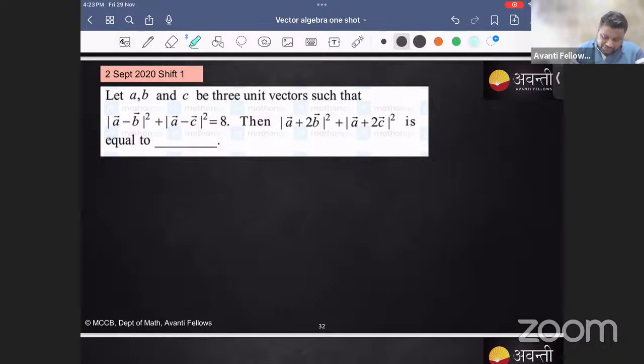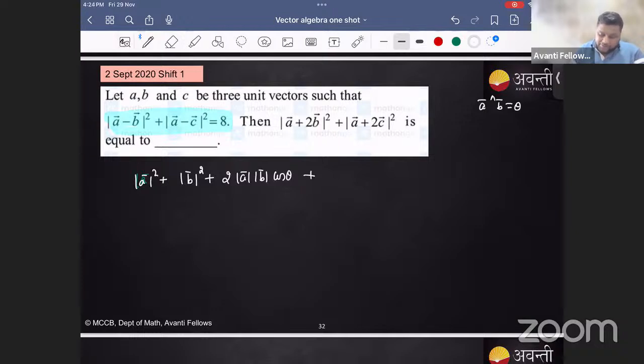From this given condition, what I will do: magnitude of A square plus magnitude of B square minus 2 magnitude A magnitude B cos theta, I assume the angle between A and B is theta, plus magnitude of A square plus magnitude of C square minus 2 magnitude A magnitude C cos phi.